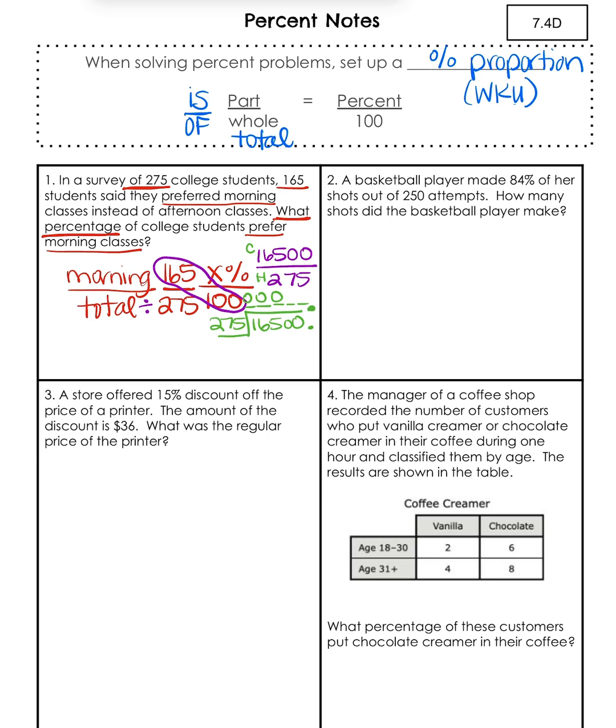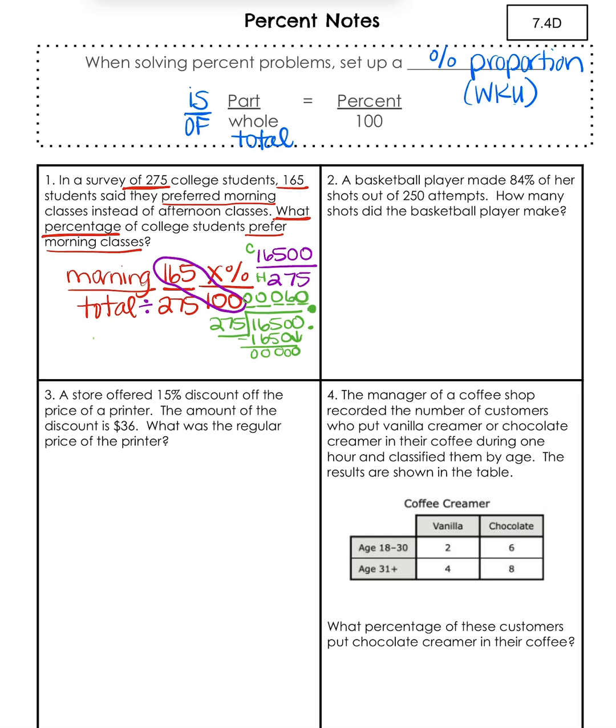So let's see, 1,650 divided by 275. That's going to go in 6 times, and that's going to be exactly 1,650. When I subtract, I zero out, but I haven't reached my big bold decimal yet. So what I have to do is fill in all the extra spaces with a 0. So the answer is not 6, it's actually 60.